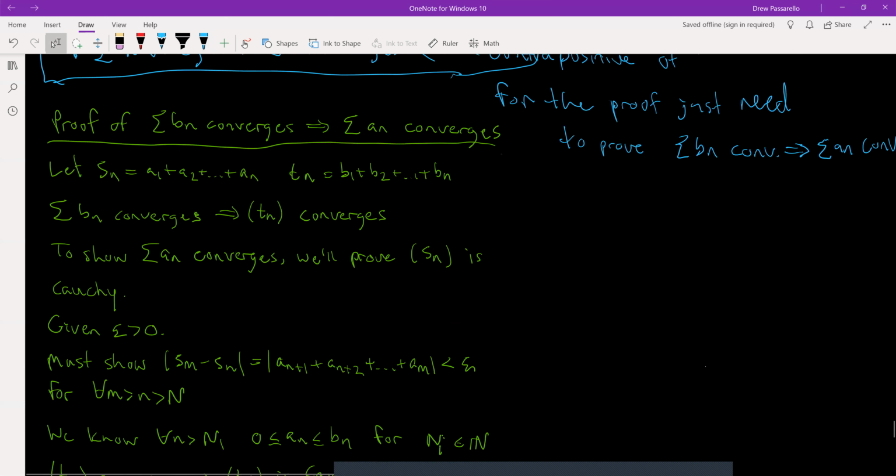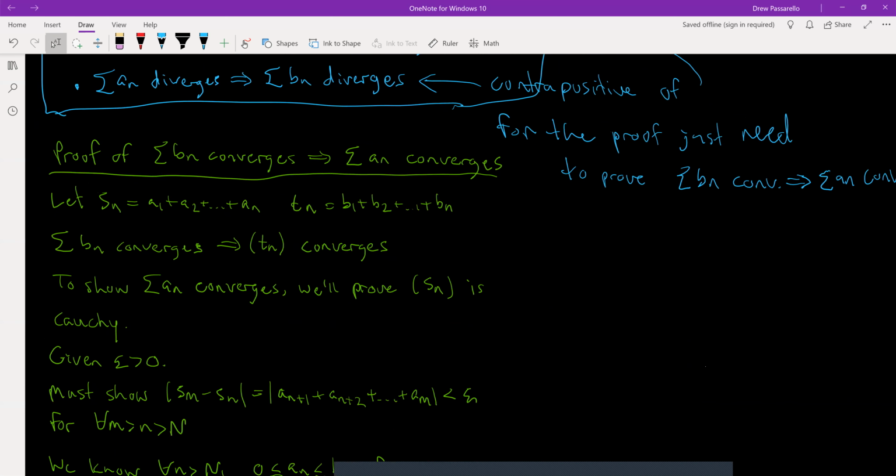So let Sn represent the nth partial sum, a1 plus a2 plus ... plus an. Let Tn represent the nth partial sum, b1 plus b2 plus ... plus bn. So we know the series bn converges. Therefore its sequence of nth partial sums Tn converges. We're going to show that the series an converges, and in order to do that, we need to show that the sequence of nth partial sums Sn converges.